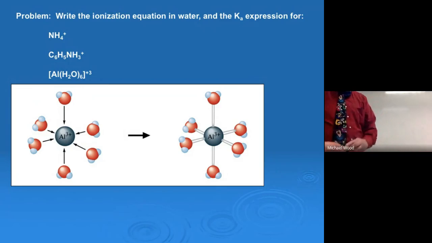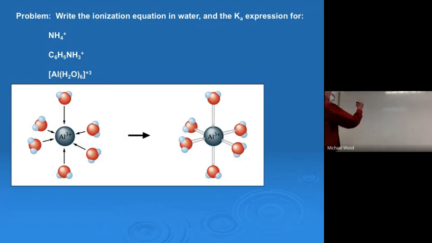I was telling my period 2 class that in writing equations for acids, you can write in water as a reactant or not. The one time you absolutely have to include water as a reactant is when you have a weak base. But here you can or not.